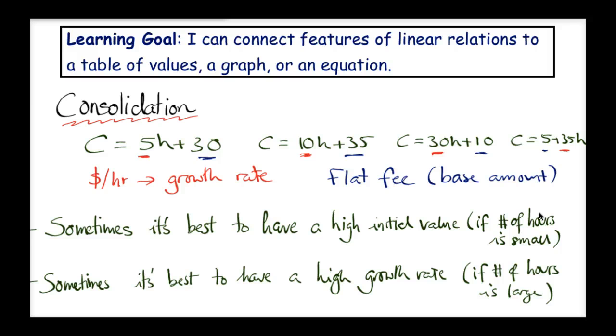Sometimes it's best to have a high growth rate if the number of hours is large. So we wanted to compare those things. The growth rate and the initial value both have an impact when making decisions related to linear relations. So that wasn't the whole activity sheet, but that was the main idea of it. And then you had some additional work to complete for MSIP or homework.